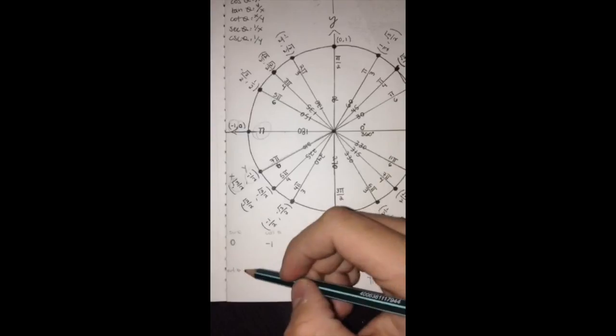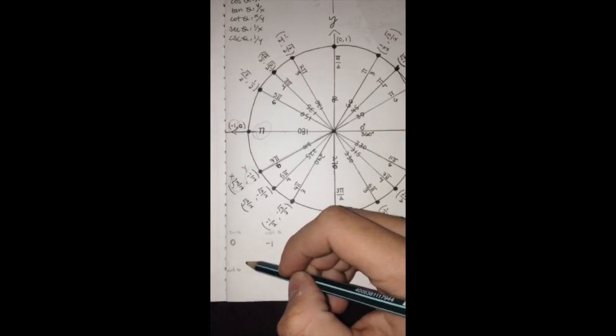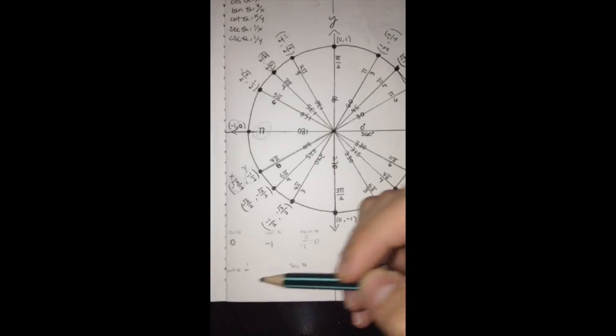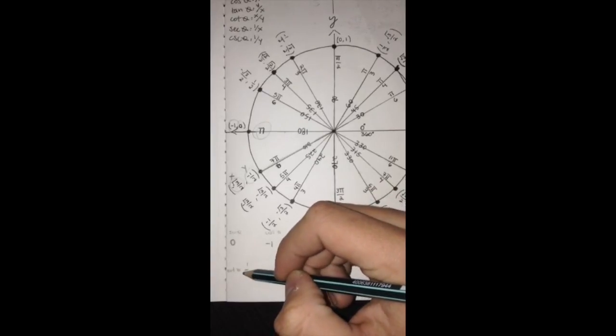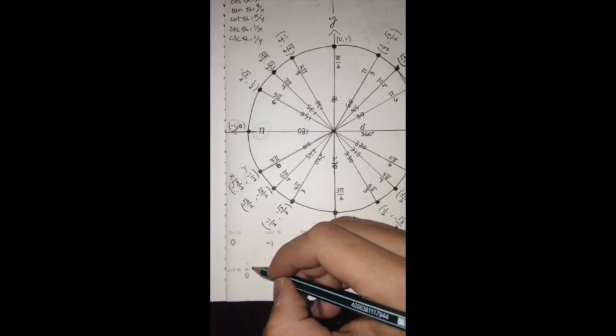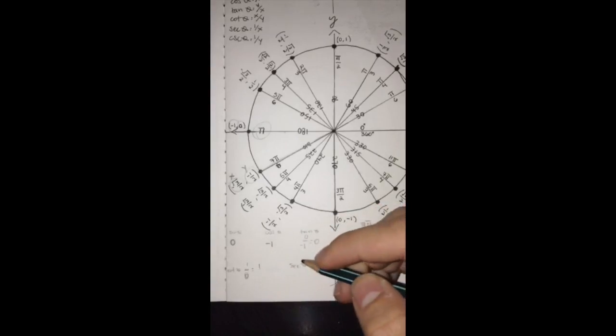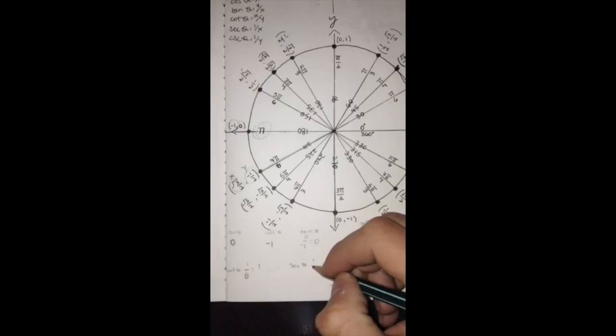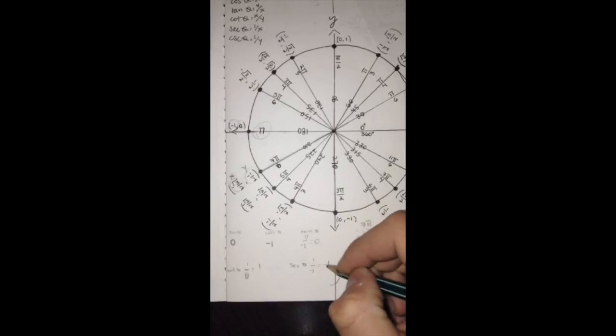The cotangent will be x over y. Y will be 0, which will be undefined. And the secant will be 1 over x. X is minus 1, so this will be minus 1.